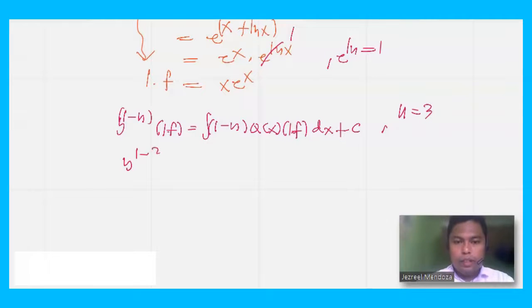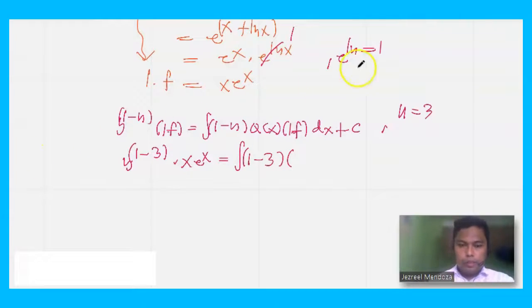Okay, that is y to the 1 minus 3. Our integrating factor is this one, x e to the x, times x e to the x, and then integral of, again, 1 minus 3, times q of x. So what is our q of x?